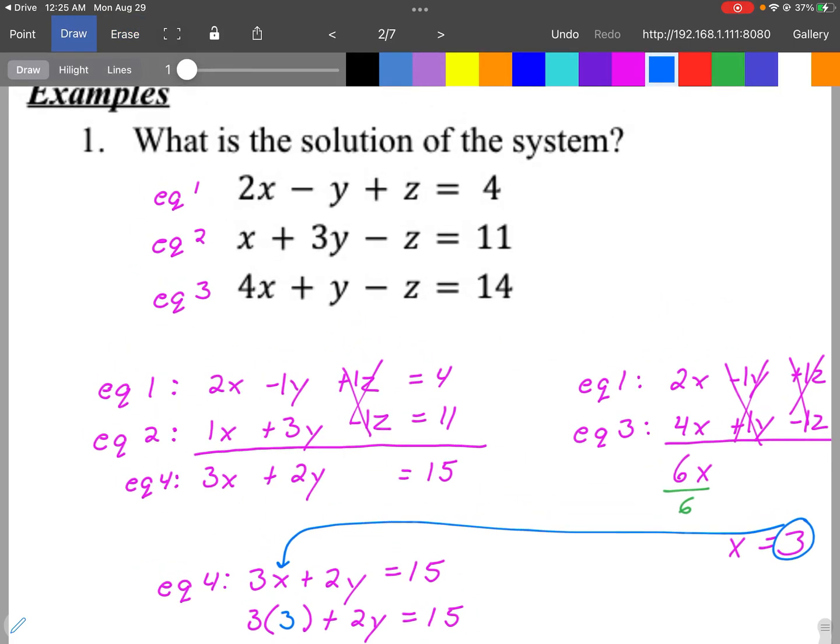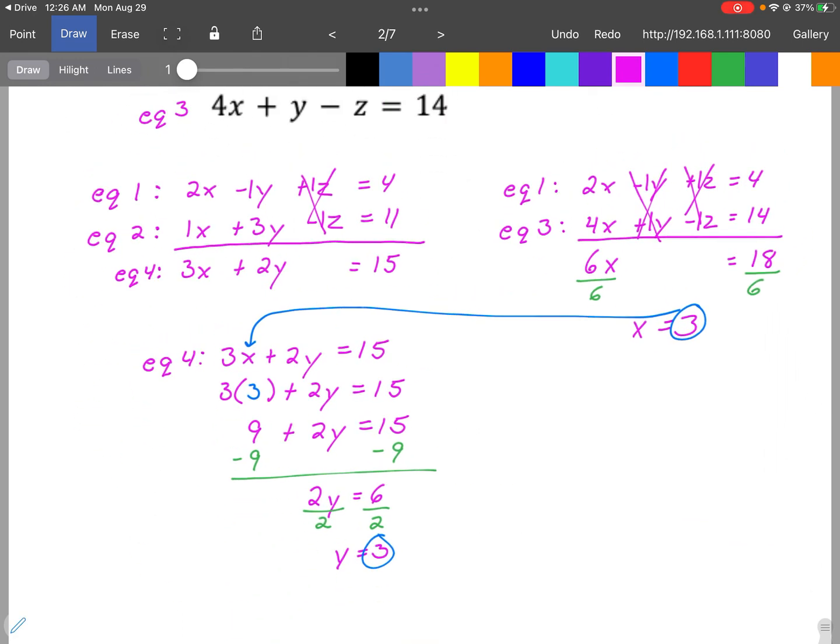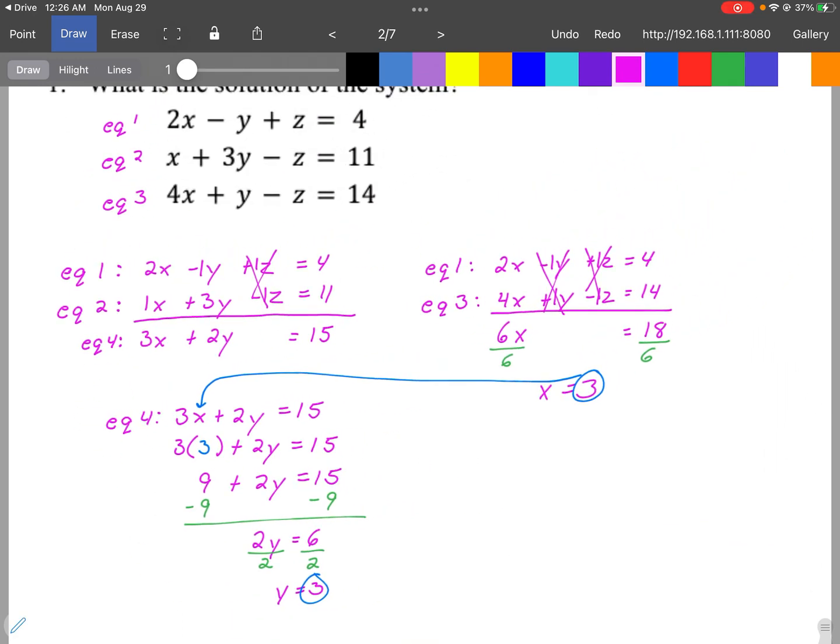So I'm going to go back up to my originals, and I'm going to pick one of these equations that I want to use to plug in x and y and to solve for z. So since I'm solving for z, I'd kind of like for my z to be positive. This is the only equation that has a positive z, so that's the one I'm going to choose to plug into, equation 1.